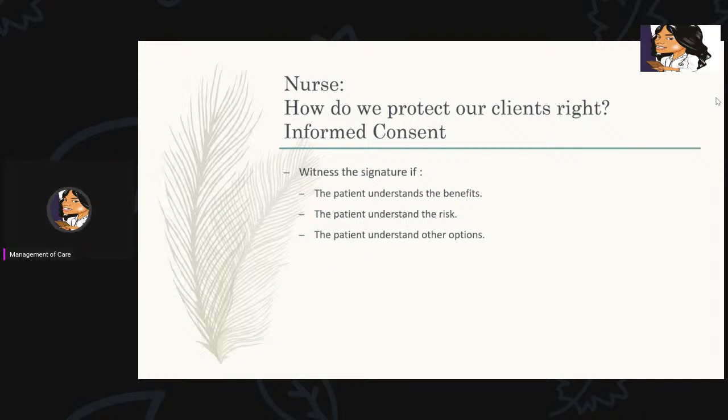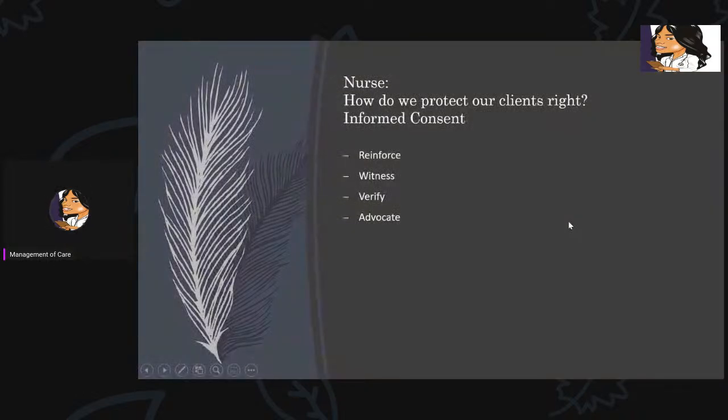Essential components of advocacy. All right. Some of the things that we do as nurses with informed consent: always remember that term.